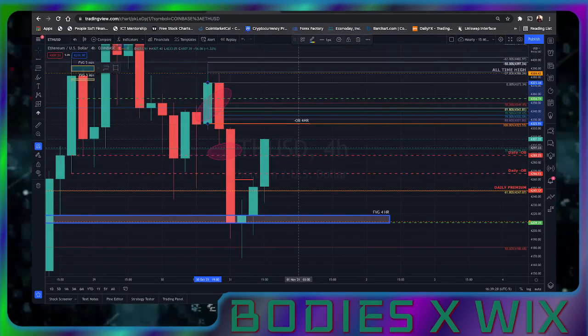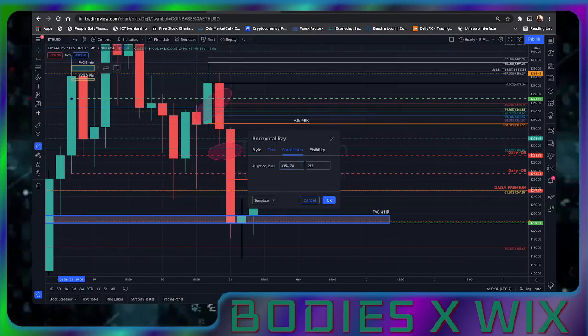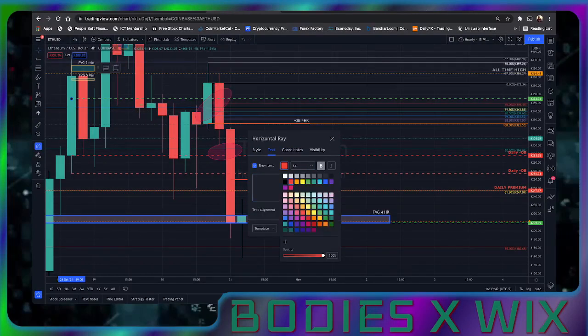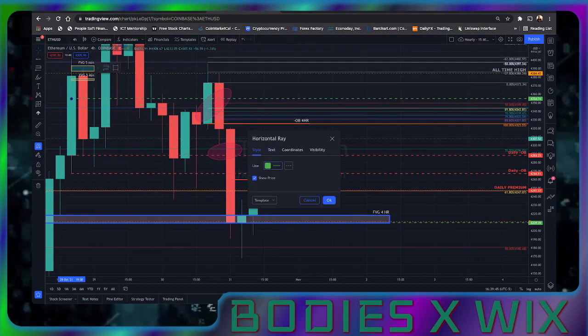Now, like I said, mark that in half, and then first thing I need to do before I do anything is put some text on this and style it. Let's put this on red because it is above the premium. Yeah, daily and premiums down here.